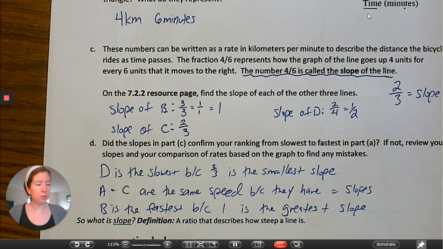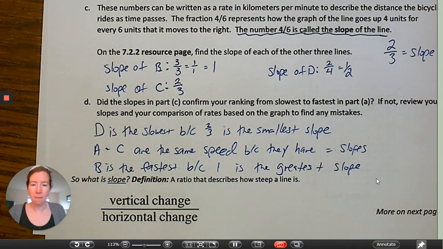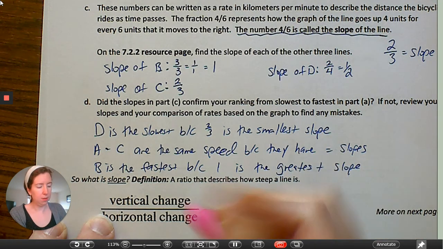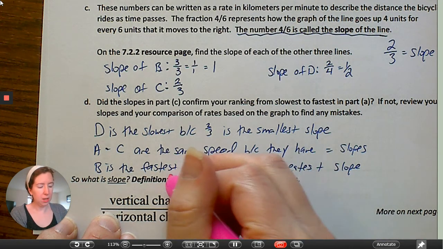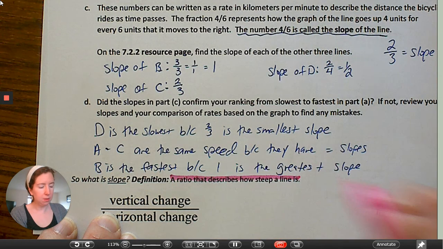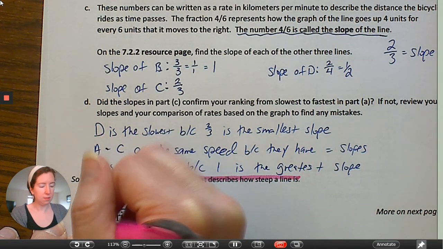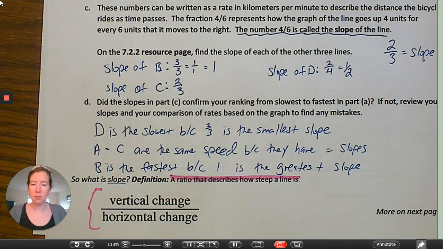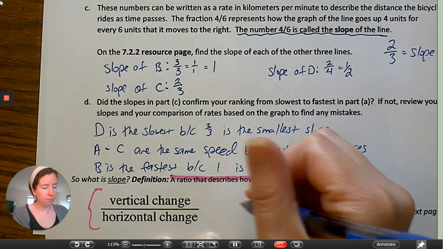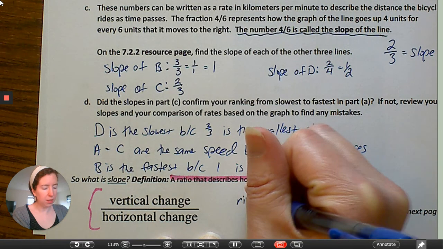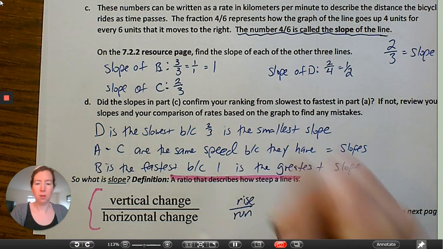Now, if you're still wondering what is this slope thing that we keep talking about, slope is a ratio, and it describes how steep a line is. We typically say it's a vertical change over a horizontal change. And you can think of that also as rise over run.